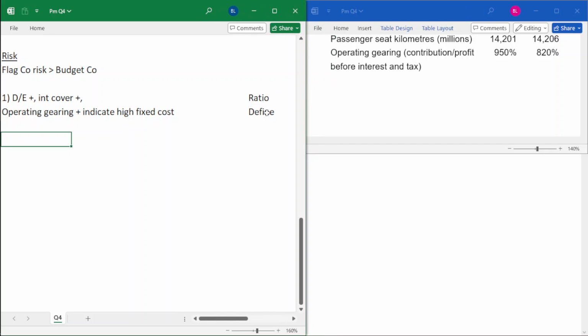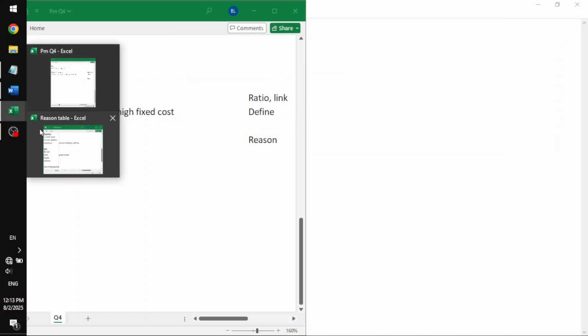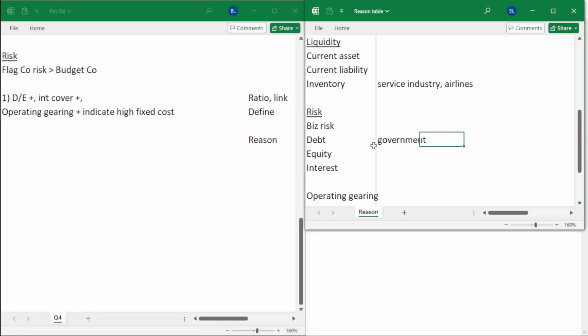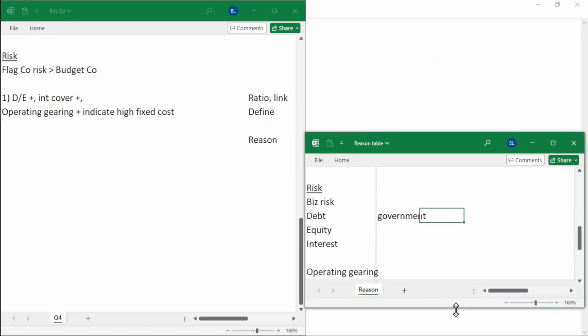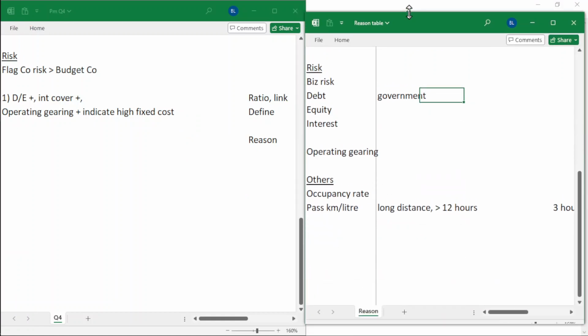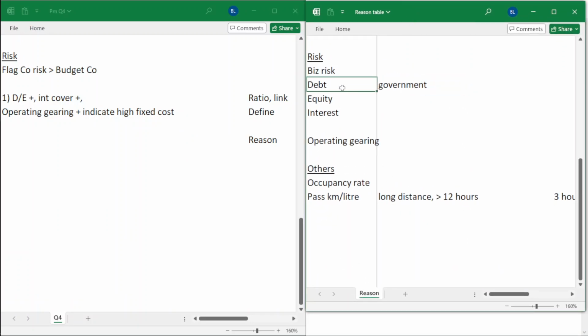Ratio, define, link. Also we need to provide a reason. Go to the reason table here. We are talking about risk right now, so it's related to government.